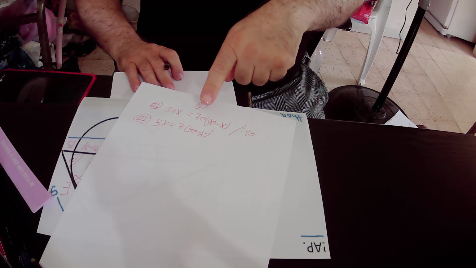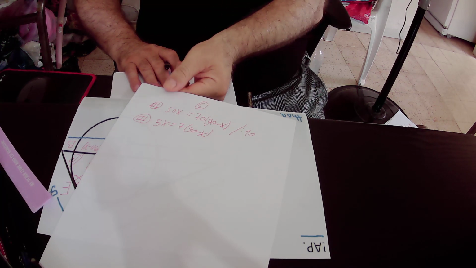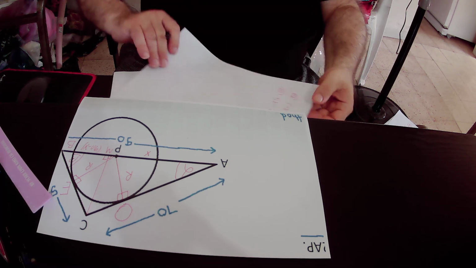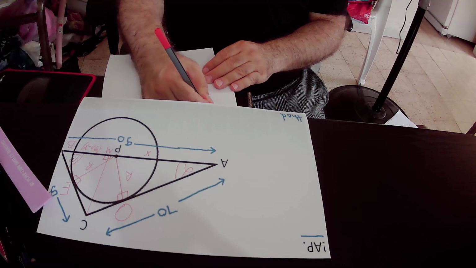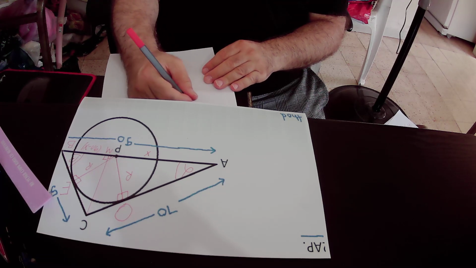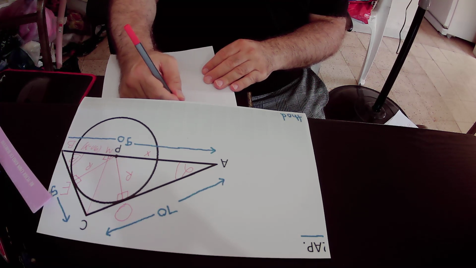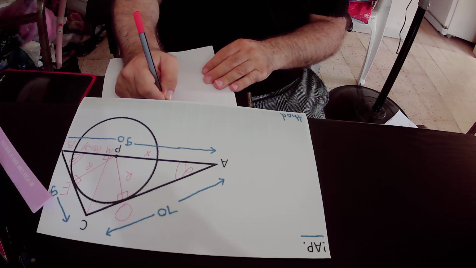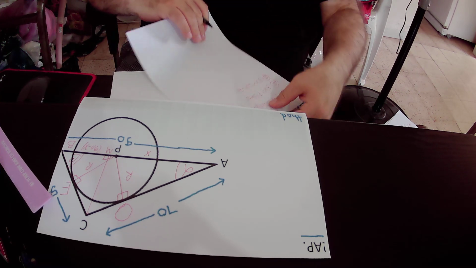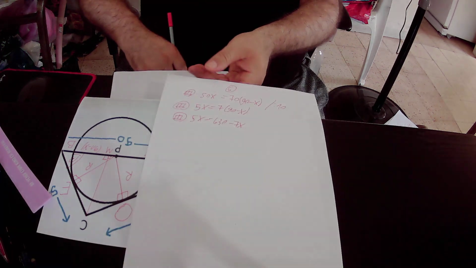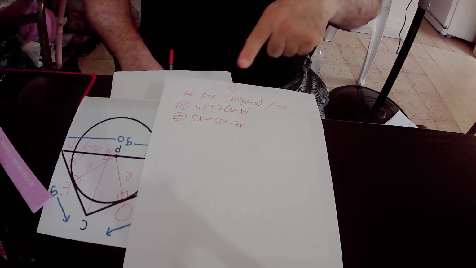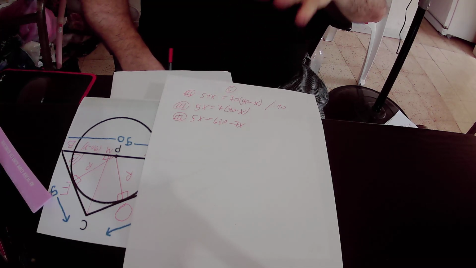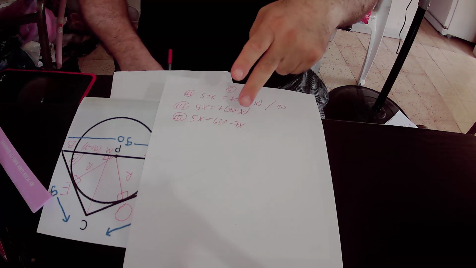Now we will open the brackets on this side of the equation. 7 times 90 equals 630, and 7 times minus x equals minus 7x.